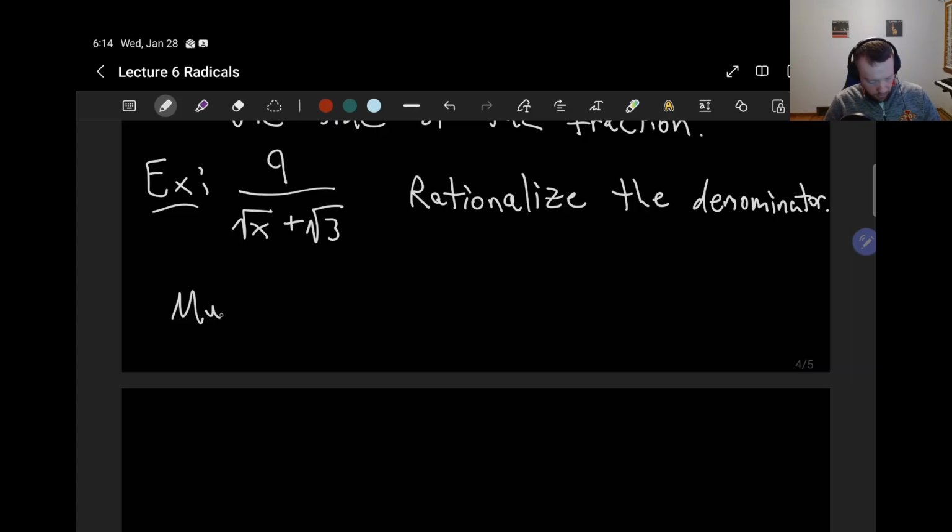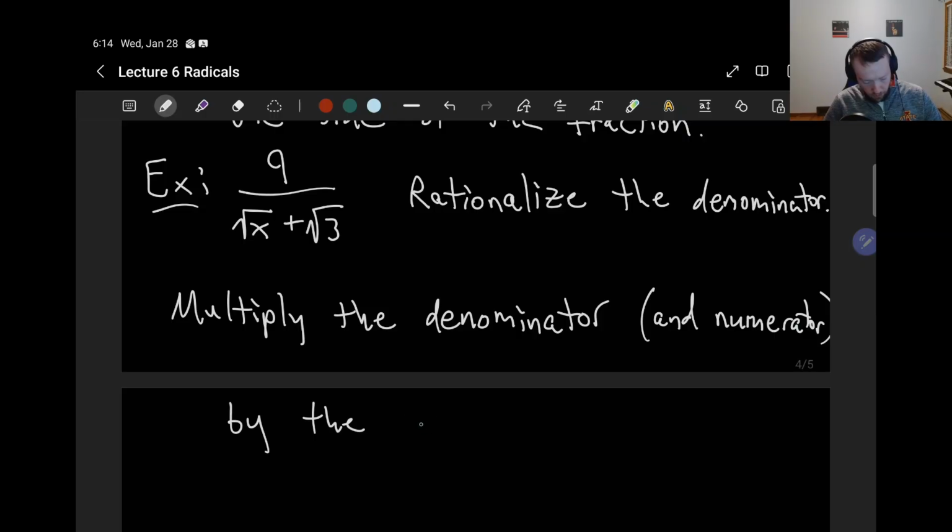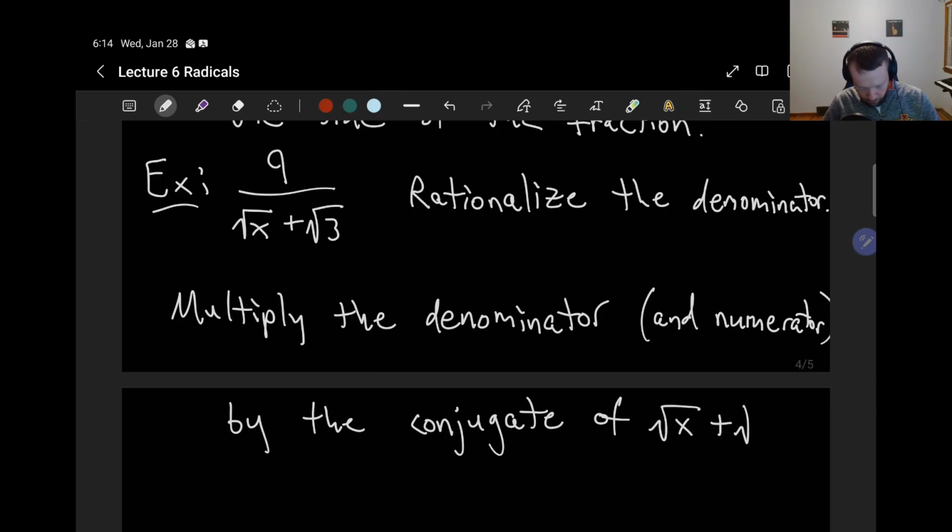So the trick is to multiply the denominator by something, and you have to then do it to the numerator as well. You have to do it to both. By what's called the conjugate.